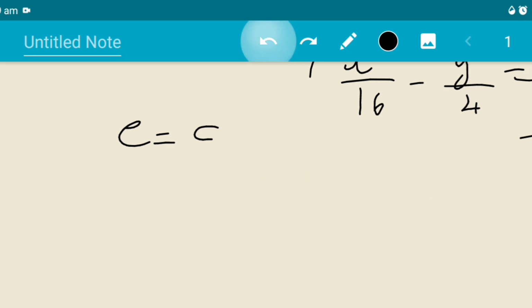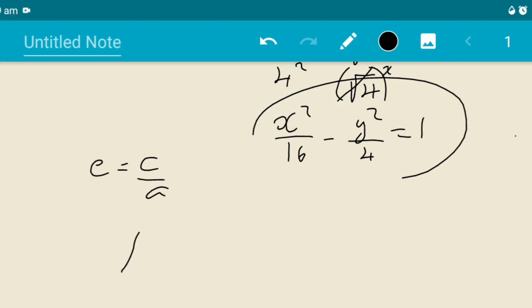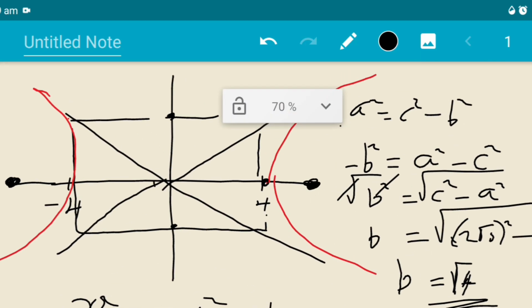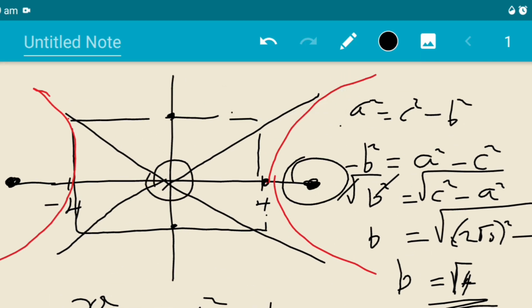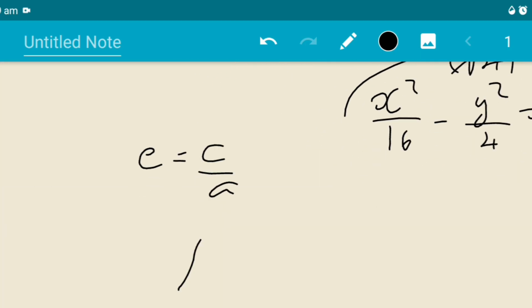The eccentricity just tells us how wide it is. So all you have to do is grab your c and plug it in there. Your c would be from the origin up until here, then your a would be from the origin up until here. Just do that and plug it in.